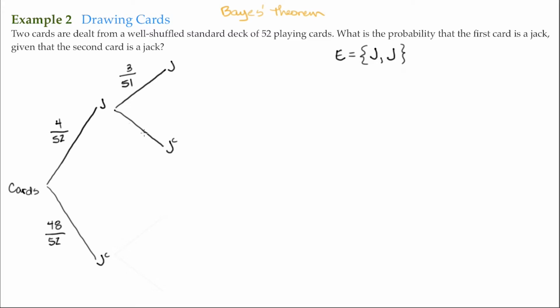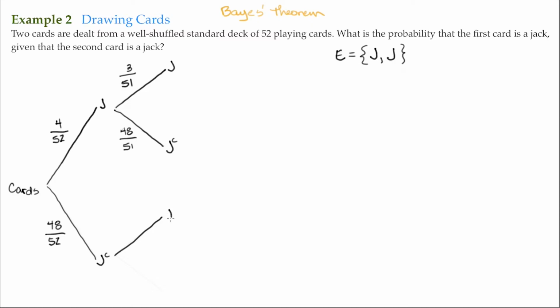If the first card is a jack, then the second card not being a jack, it's still 48, but we have 1 less card, so it's going to be 48 out of 51. So you have to be careful on your probabilities here. These are not independent events. These are not disjoint events. So the probability of one depends on the outcome of another.